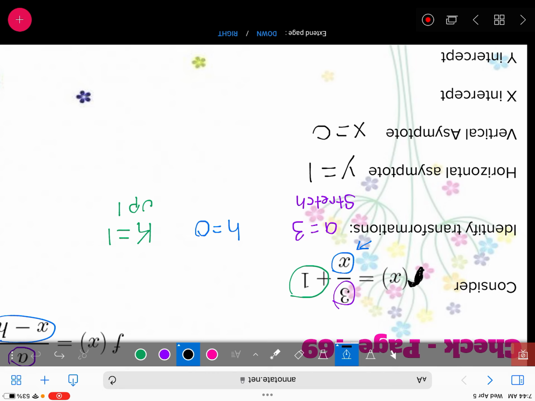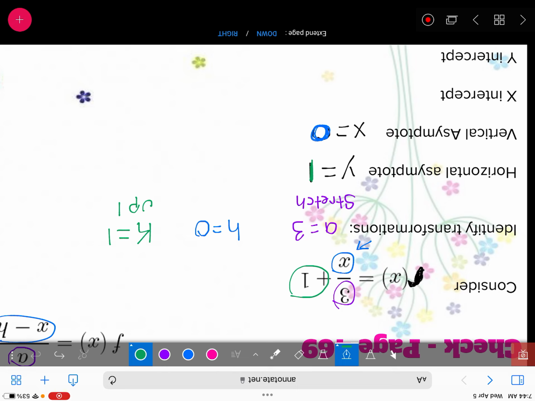So x equals 0. So it's always going to be our h and our k that are our transformations. We're going to need those asymptotes to make the graph. They are a key part of making the graph. You have to have the asymptotes.